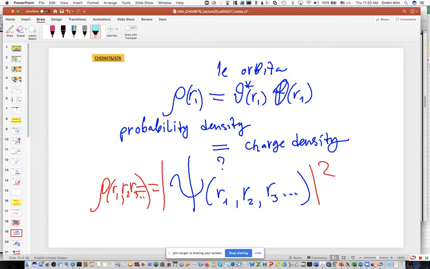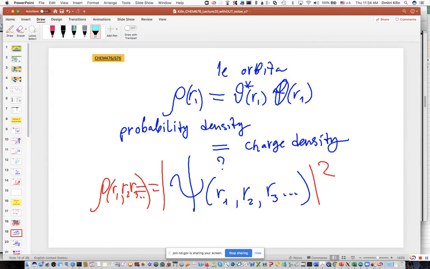In this definition, density is defined on too many independent variables, and we will lose most of the benefits that were originally promised for density functional theory. We need charge density at a certain point in time integrated over all electrons.